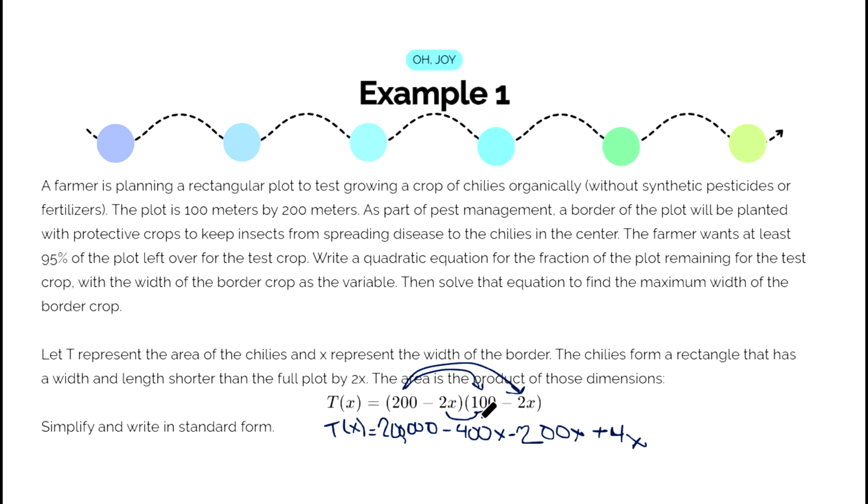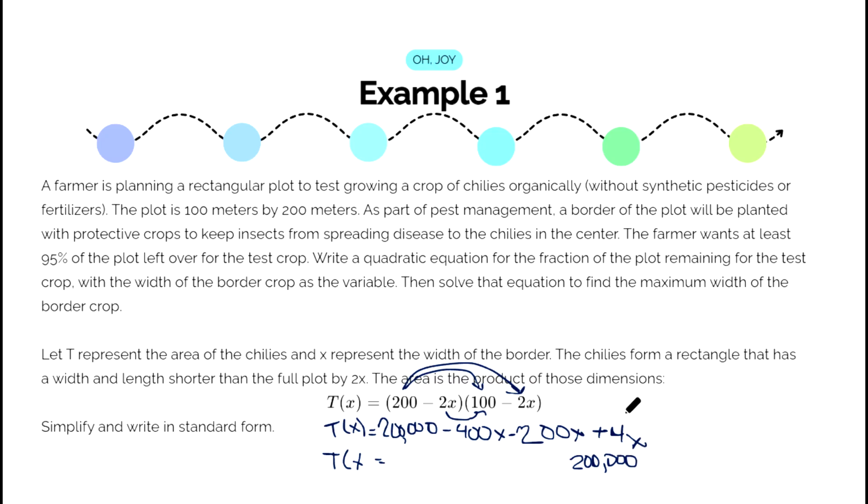Now we need to add like terms so we can simplify. So we still have t of x equal to, we have a number all by itself, which is going to stay by itself, but it ends up at the end of the problem because you write it as x squared, then x, then the constant.